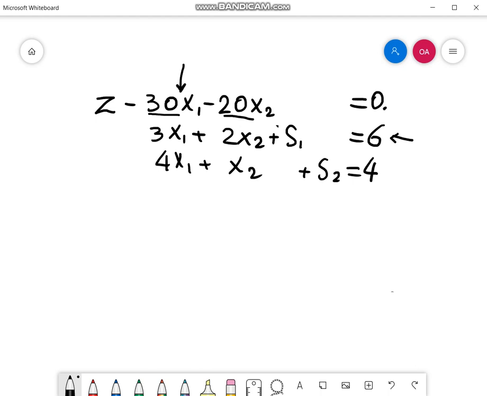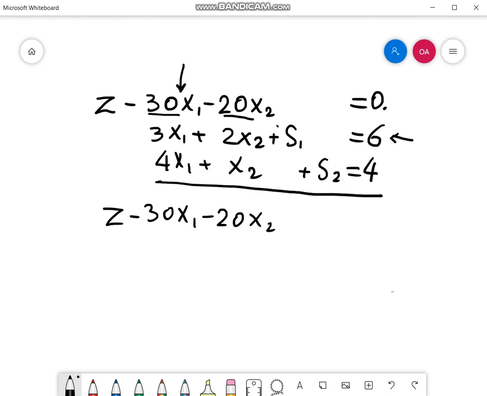So let's see what's happening for z for an instant. So z minus 30x1 minus 20x2 equals 0. We multiply this equation by 10.